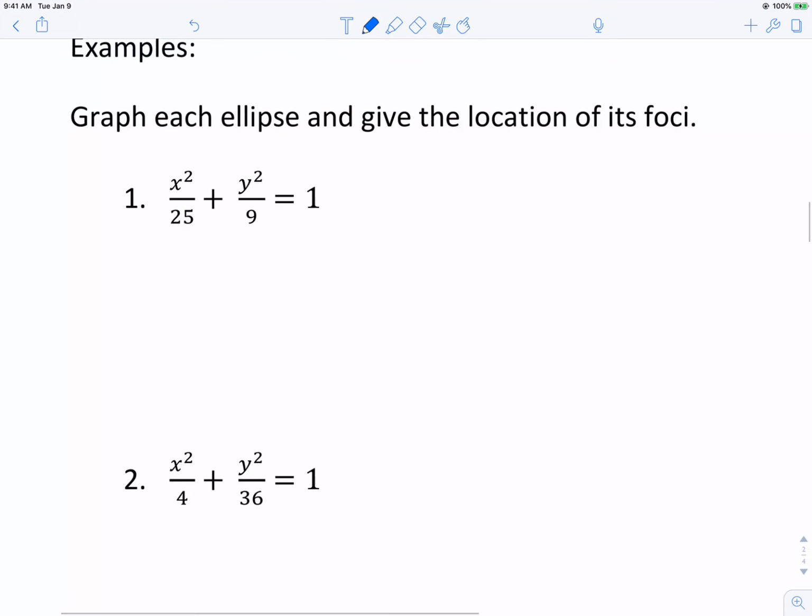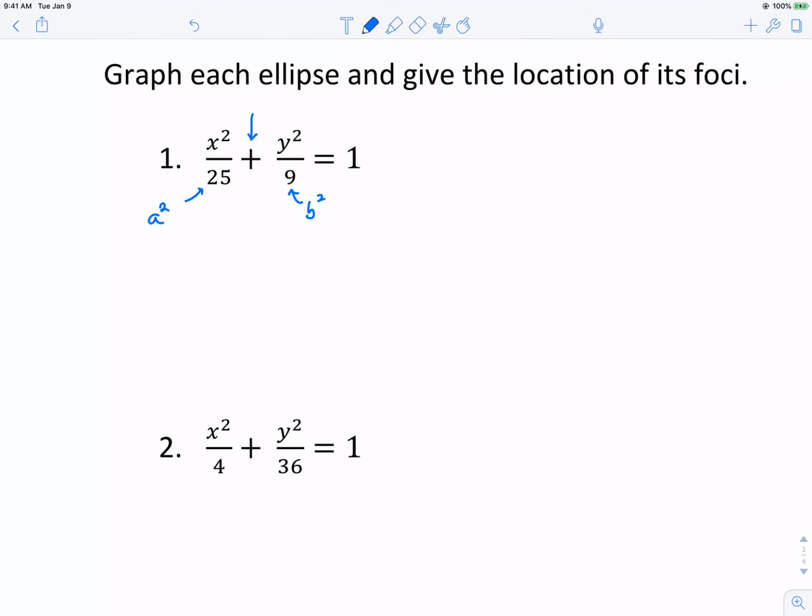So this is in our graphing form, which was nice. Remember, this was considered our a squared. This was considered our b squared. There is a plus in between. That's how I know it's an ellipse. We know that our ellipse is always centered at 0, 0. Now the square root of 25 is 5, so a is 5 and b is 3. So which one is bigger?